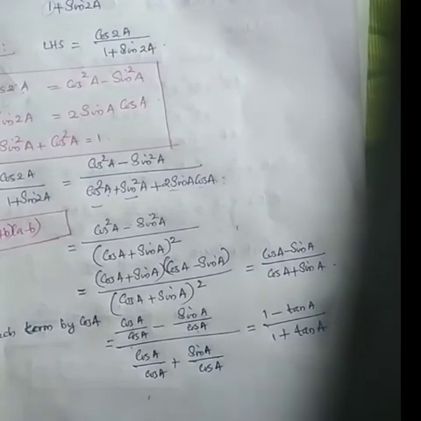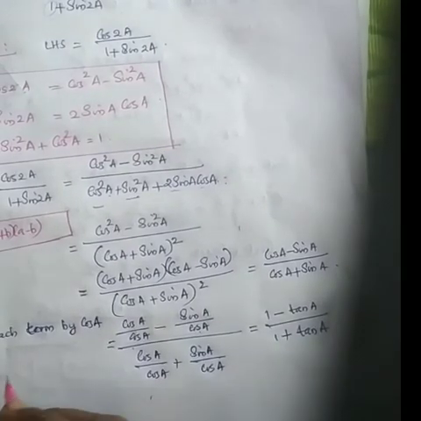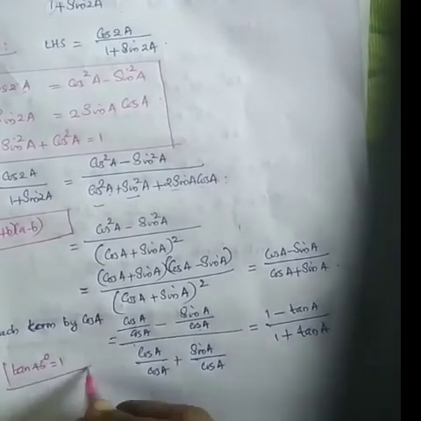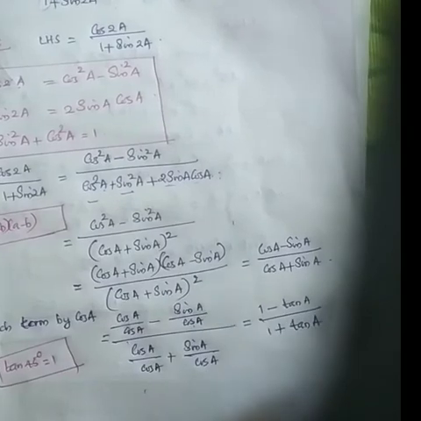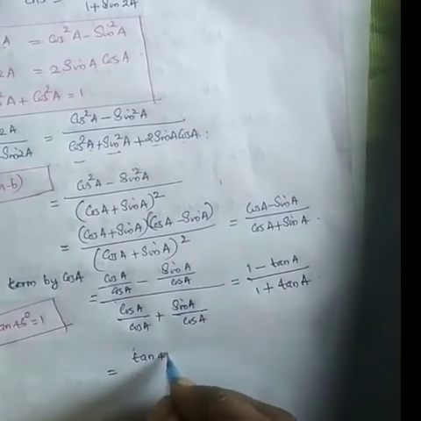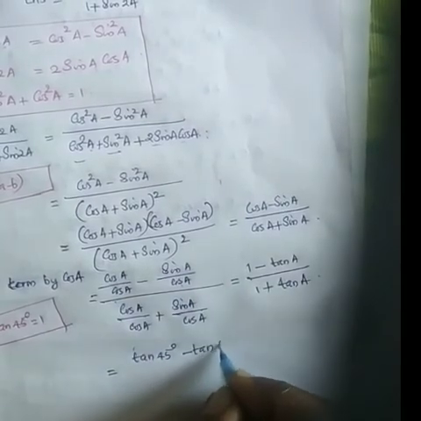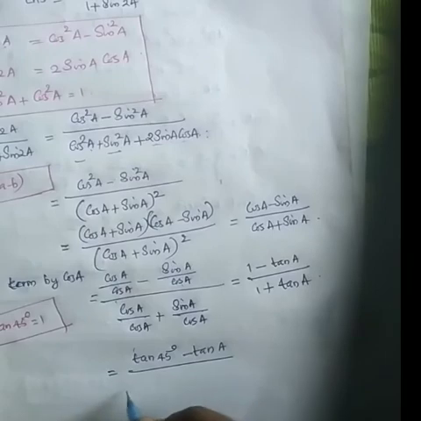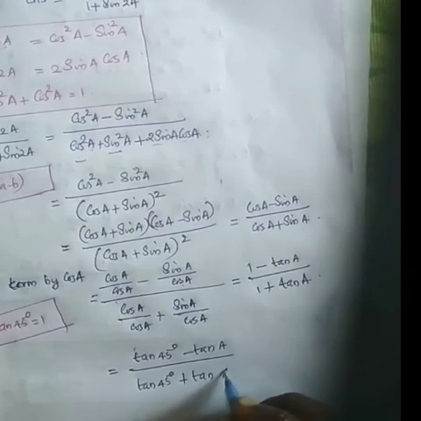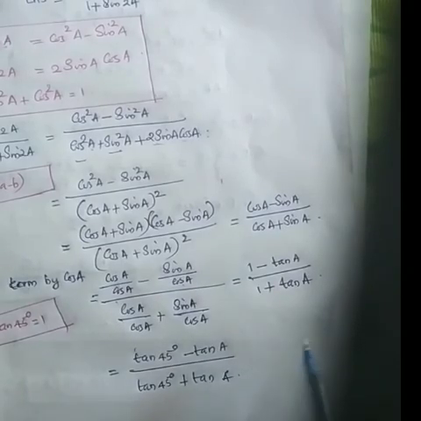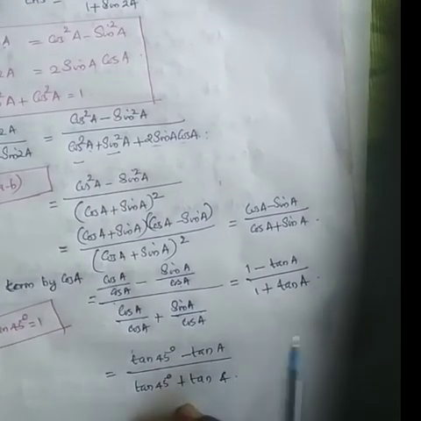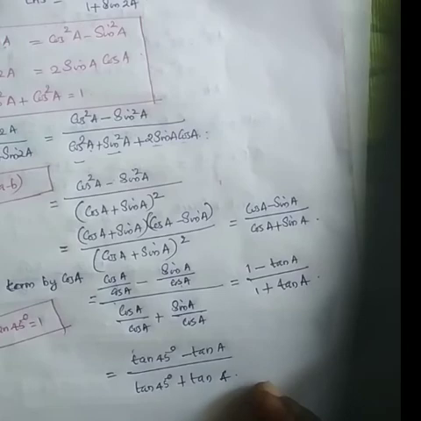Also, we know that tan 45 degrees is equal to 1. Okay. Therefore, this one can be written as tan 45 degree minus tan A divided by tan 45 degree plus tan A. This is of the form tan A minus tan B divided by 1 plus tan A tan B. Okay.